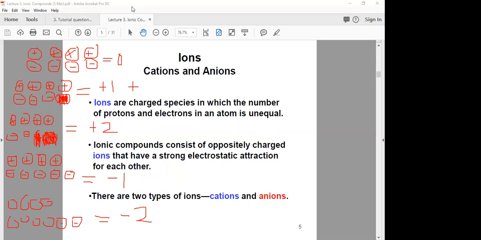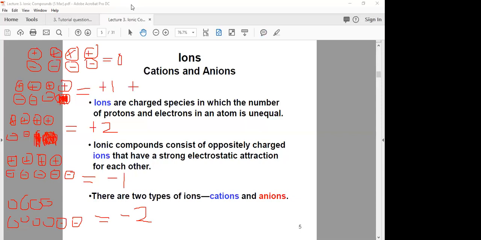Gaining a charge, whether it's positive or negative, does not change the actual identity of the species. Changing the number of protons does. Remember, it's the number of protons that gives a particular element its identity. But changing the number of electrons does not. Good question.